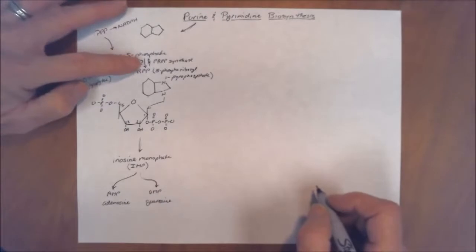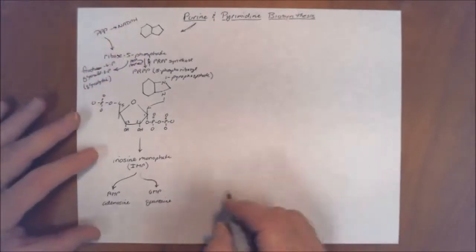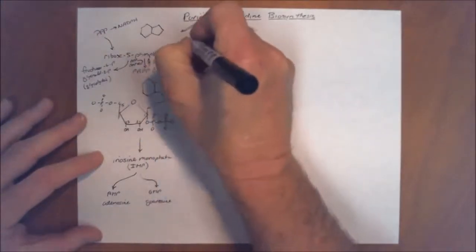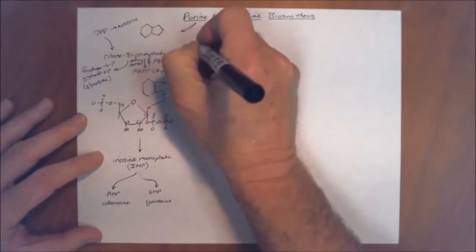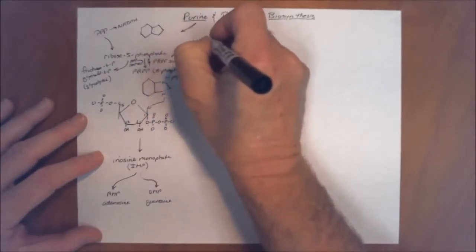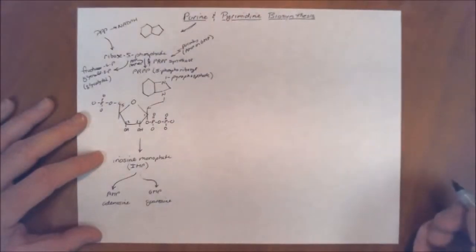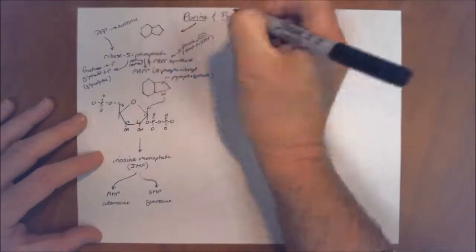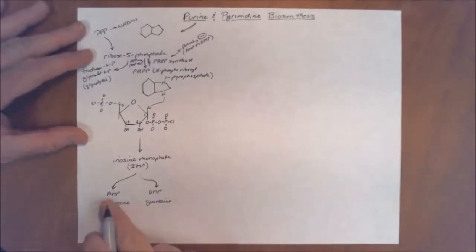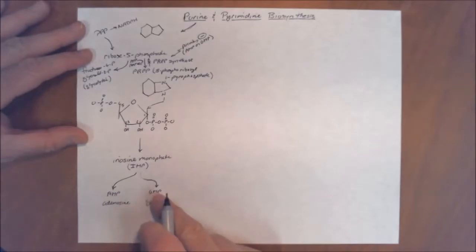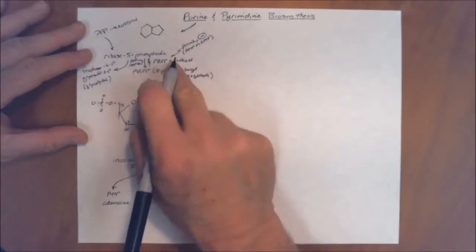Now let's go back up here to the regulation step of PRPP. These are regulated by purines, for example, AMP or GMP. They inhibit the PRPP synthase enzyme. So if we have sufficient amounts of our purine nucleotides, they will feed back on PRPP and inhibit the enzyme.